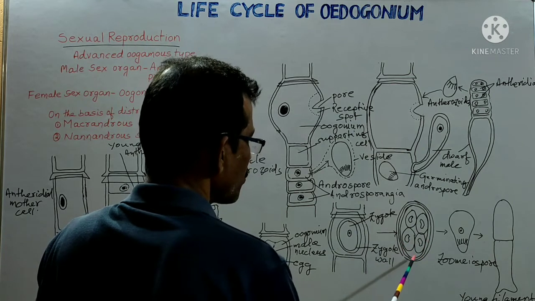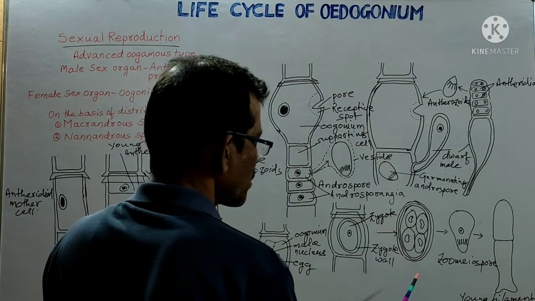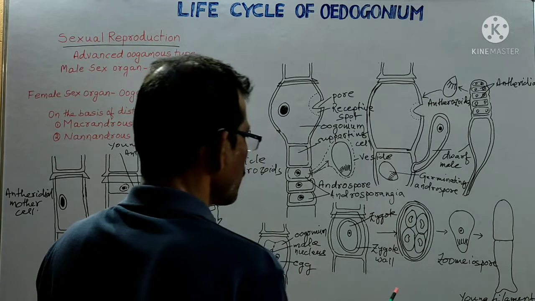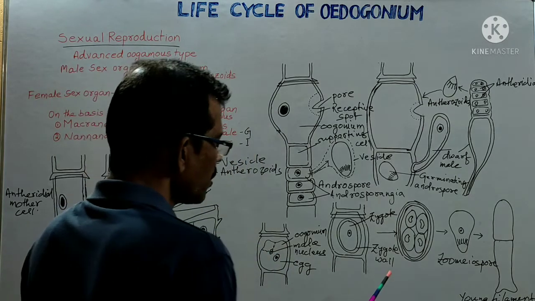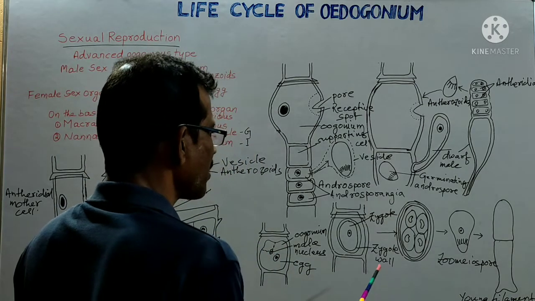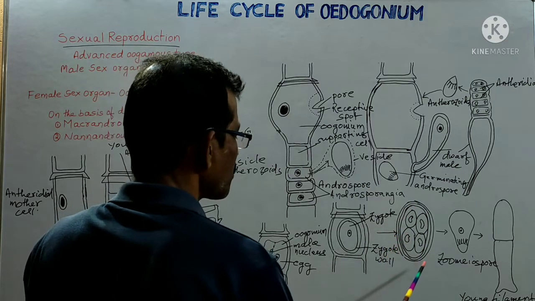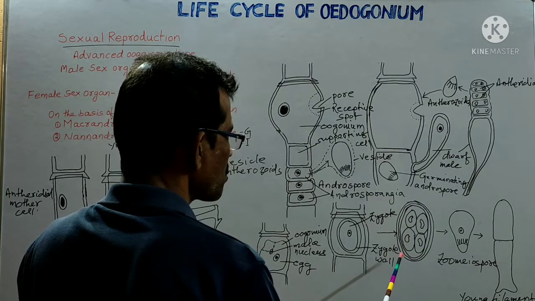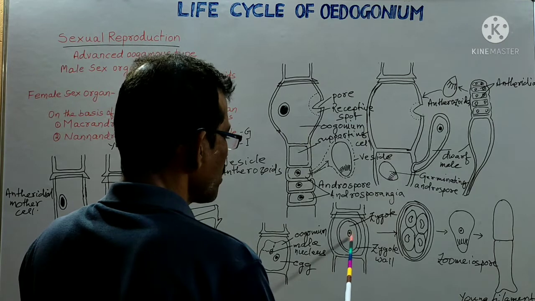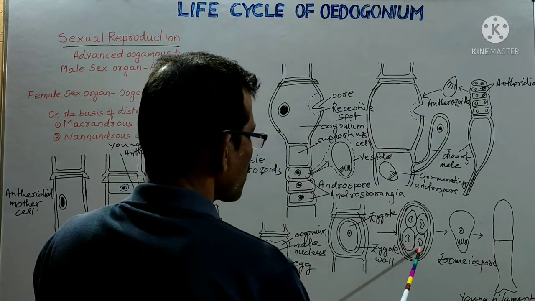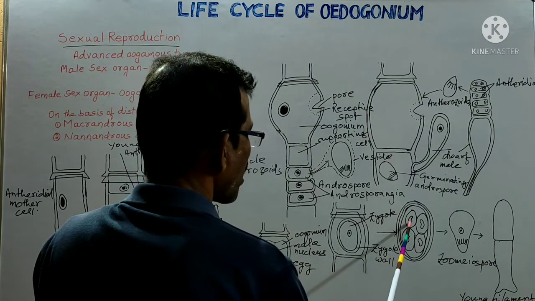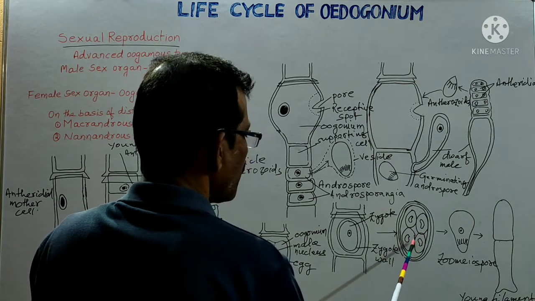After this the zygote undergoes a period of rest and settles on a suitable substratum. Next, when the condition becomes favorable, this zygote germinates. During germination of zygote, the diploid nucleus divides meiotically to form 4 haploid nuclei.